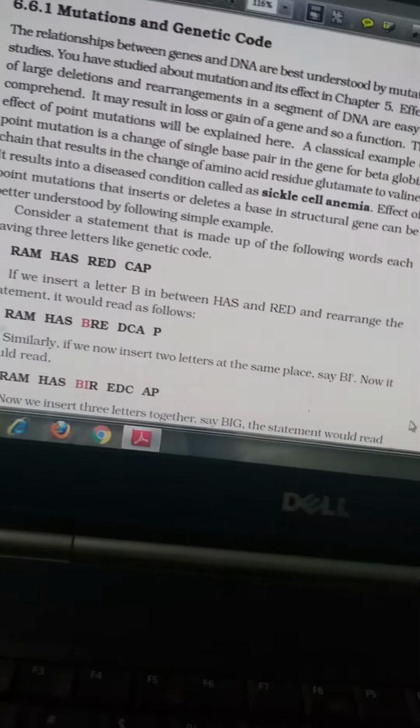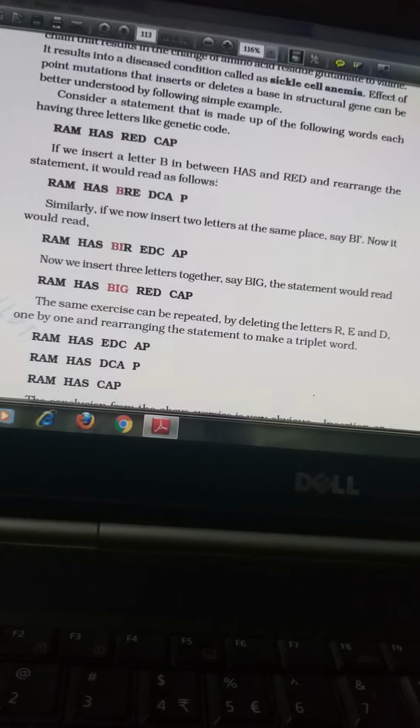Now if you insert B here in the middle, so that it reads Ram has a B, DCA and P, you cannot read this sentence. That means with the addition of a base pair to the triplet codons, the sequence can no longer be read.